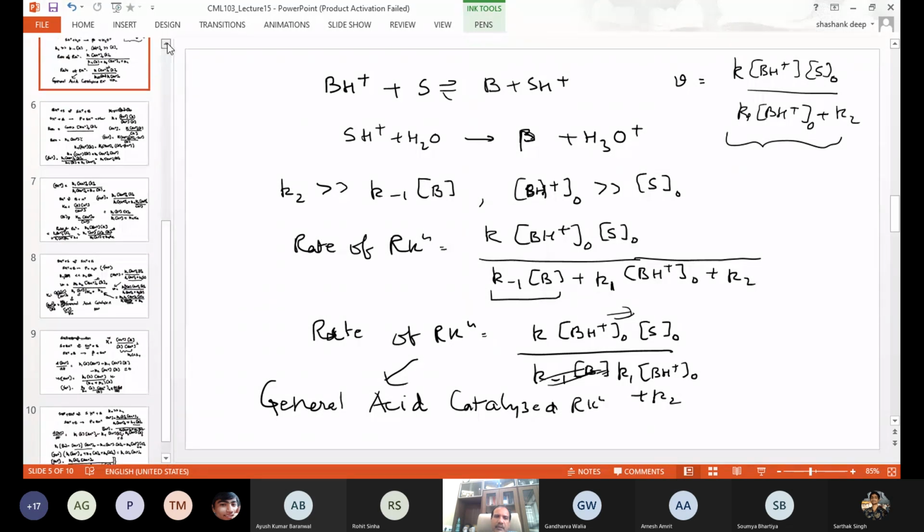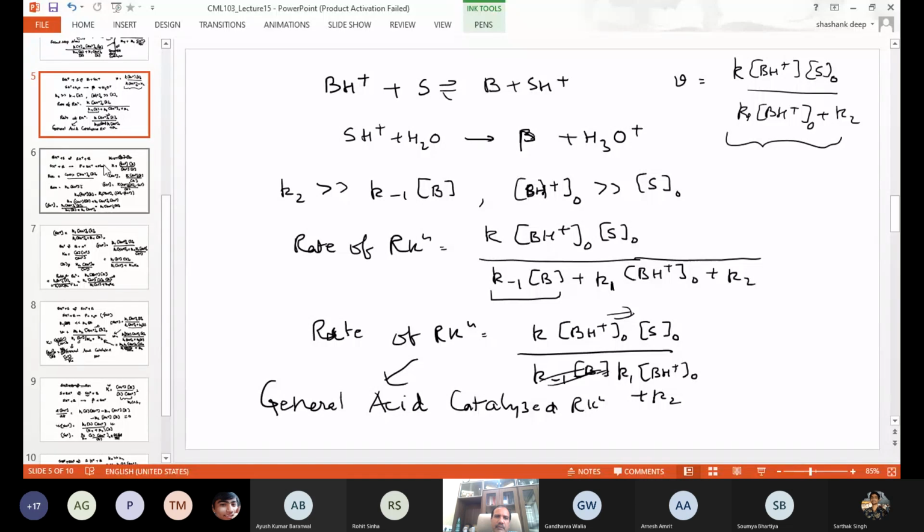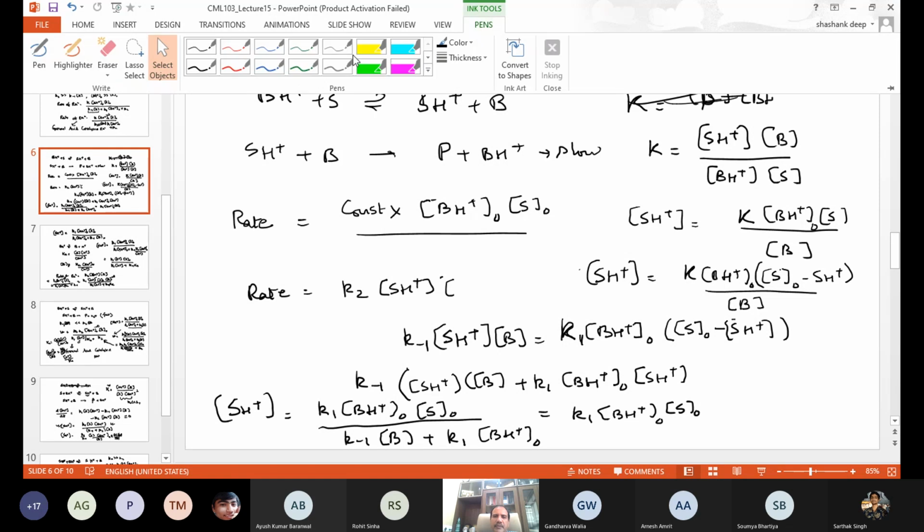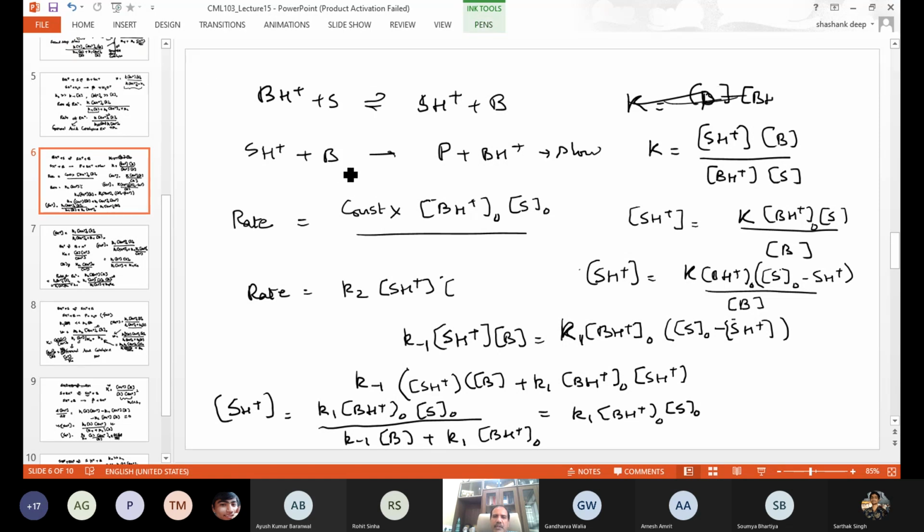Now we will go to the case when W is B. In that case, your rate will become a constant multiplied by BH plus naught into S naught, divided by certain things.